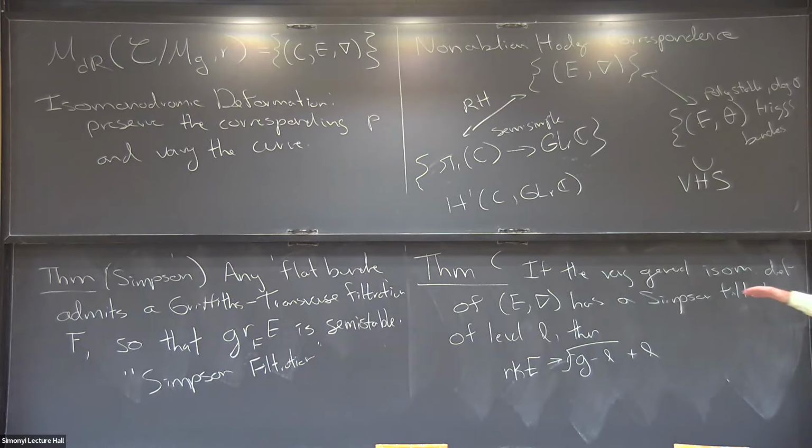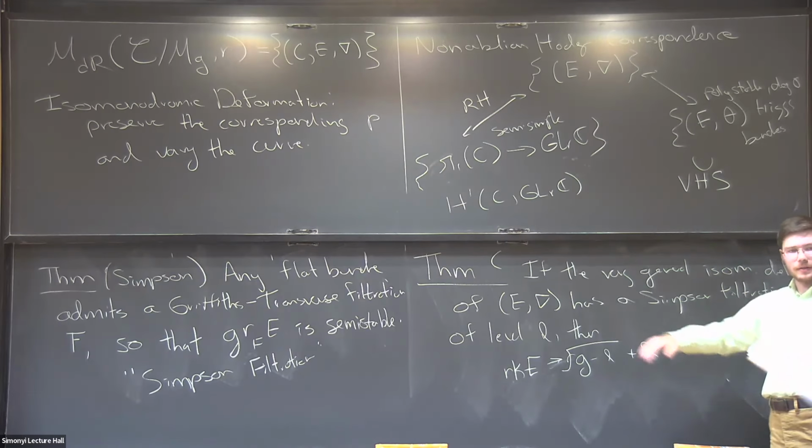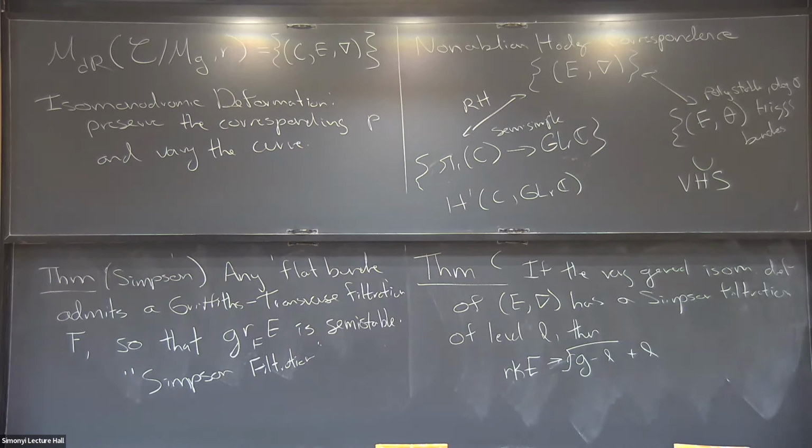But as I said before, the Simpson filtration exists on any flat vector bundle, so I can talk about the most general deformation that's going to go to all of M_G. Any questions so far about the statements of the theorems?